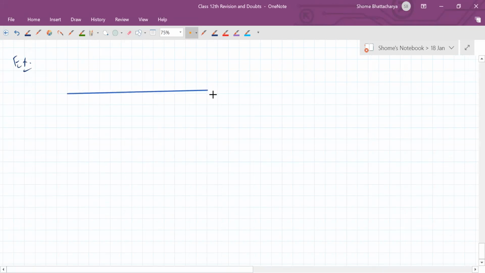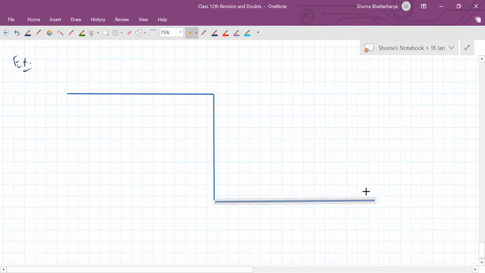So the question originally is like this, that you have a smooth horizontal surface on which a chain is placed like this, such that one end of the chain is just about touching the floor below.